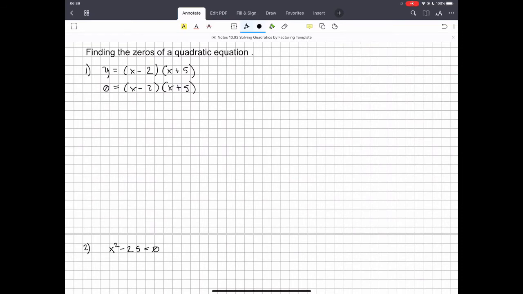And now I need to solve this for x. The way that I can do that is, I want to know what values of x would lead for me to end up with 0 as the final answer.